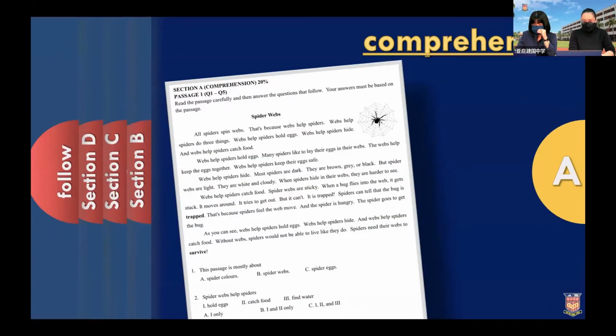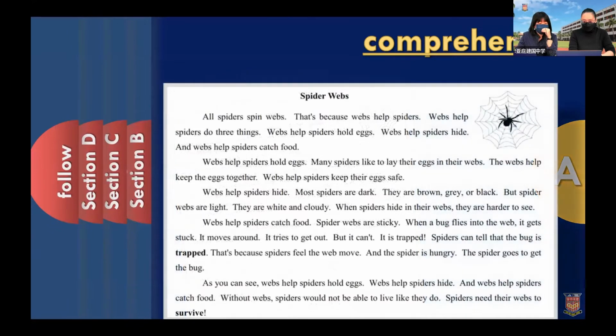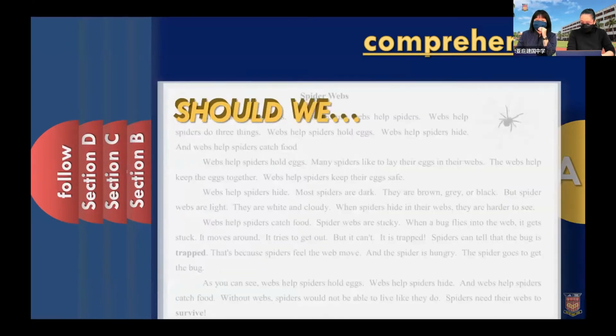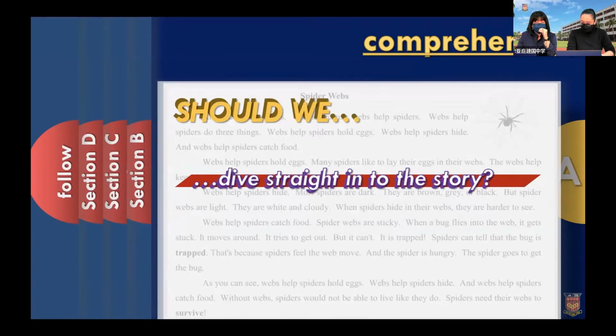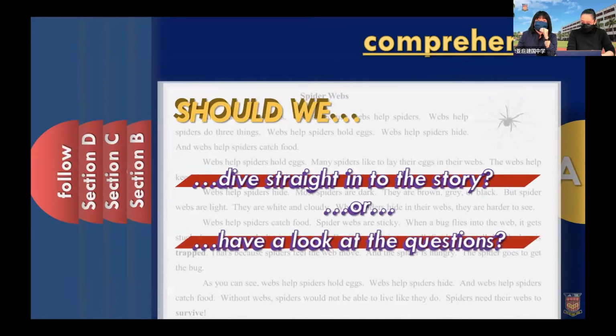Next. Can you tell me what is the title of this passage? What is it about? Spider webs. Yes, Spider webs. Very good. Now, Teacher Reen, I want to ask you, should we dive straight into the story first, or should we have a look at the questions?